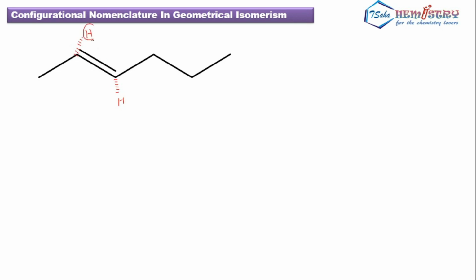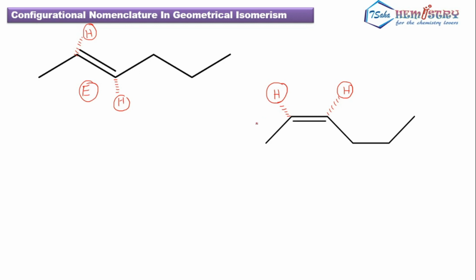So two similar priority groups are present on opposite sides across this double bond, so the configuration must be E. Similarly, in this example, here you have hydrogen and here you also have hydrogen. Two priority atoms are present on the same side across this double bond, so that configuration should be Z.